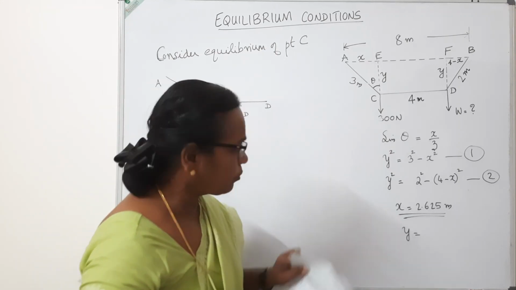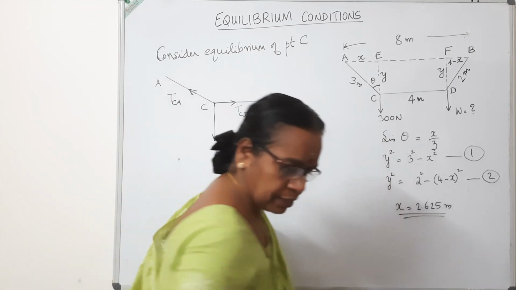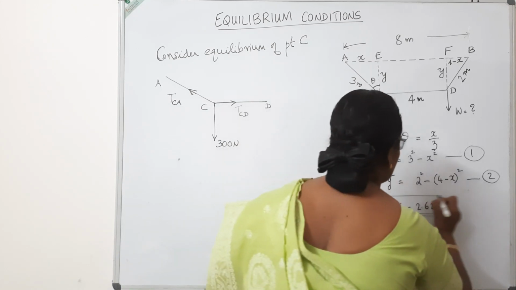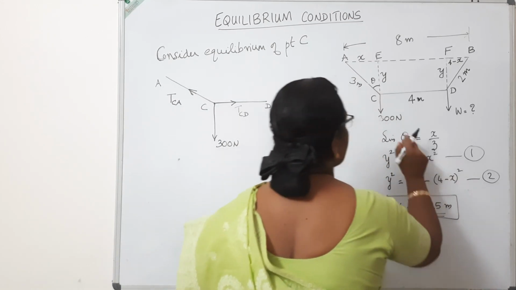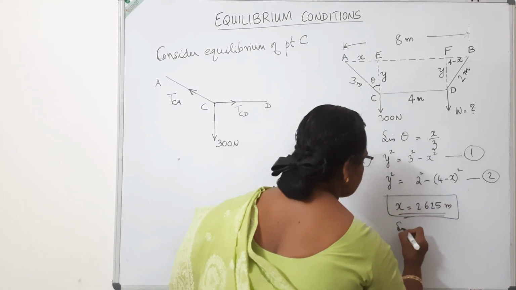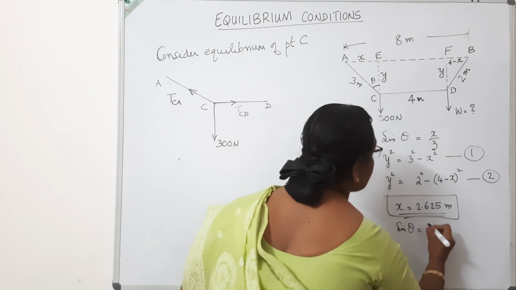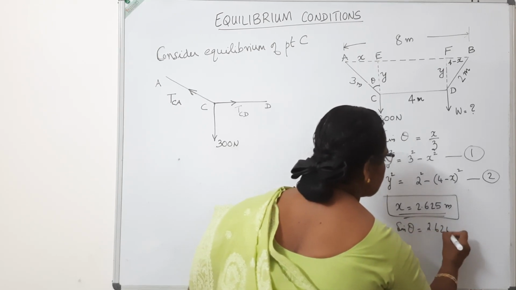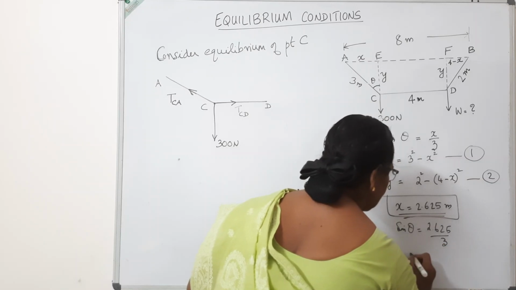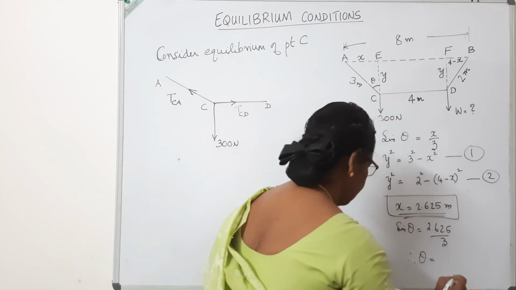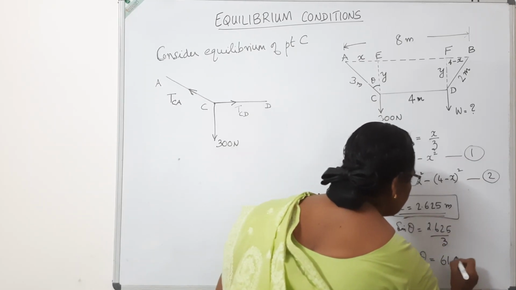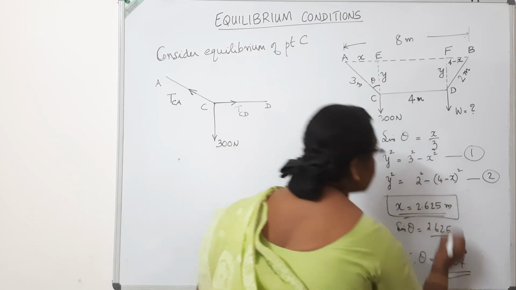Even if y is not found out, we can find out theta. Only x is required. Therefore sin theta is equal to x by 3, 2.625 by 3, and hence you got the value of theta as 61.04 degrees.